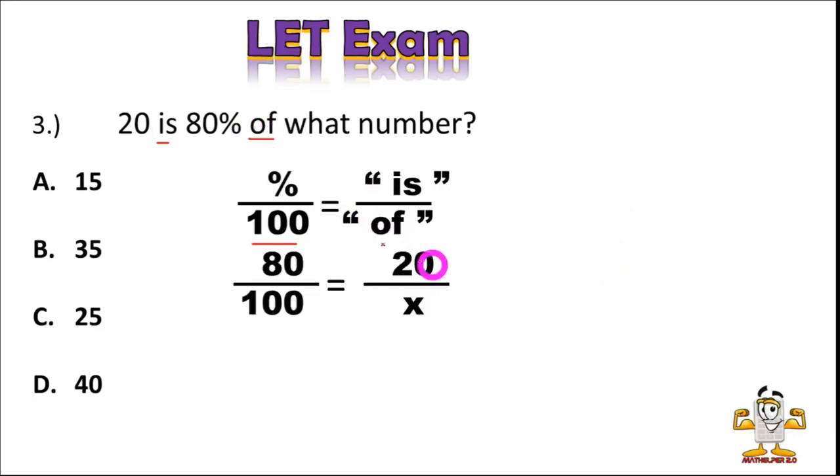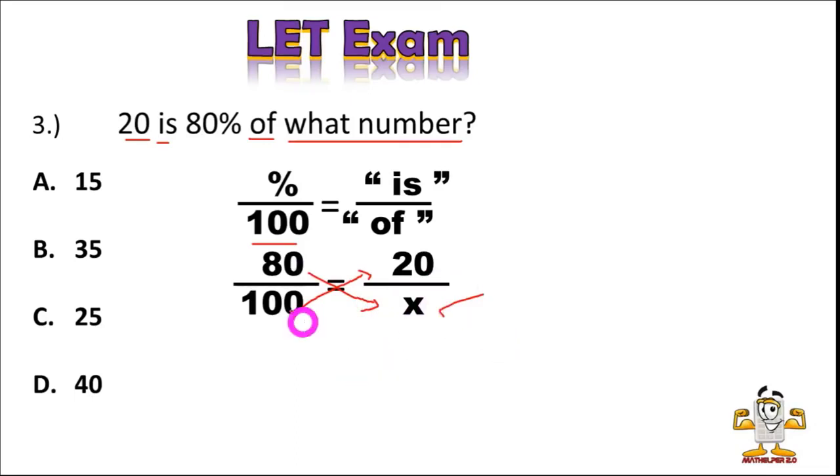So, yung percent, which is 80% over 100 equals to 20, which is the 20 is yung of, which is yung pong hinahanap nating number, which is the x. So, cross-multiply lang po natin yung dalawang fraction.